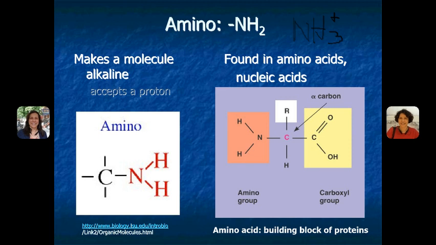We find amino groups in the molecules known as amino acids, which are the building blocks of proteins. Here we see the amino group on an amino acid.